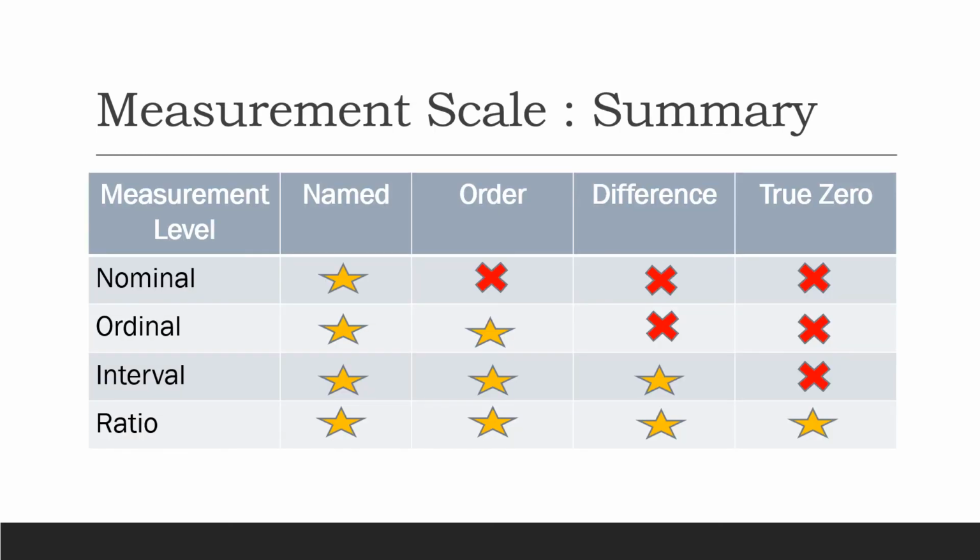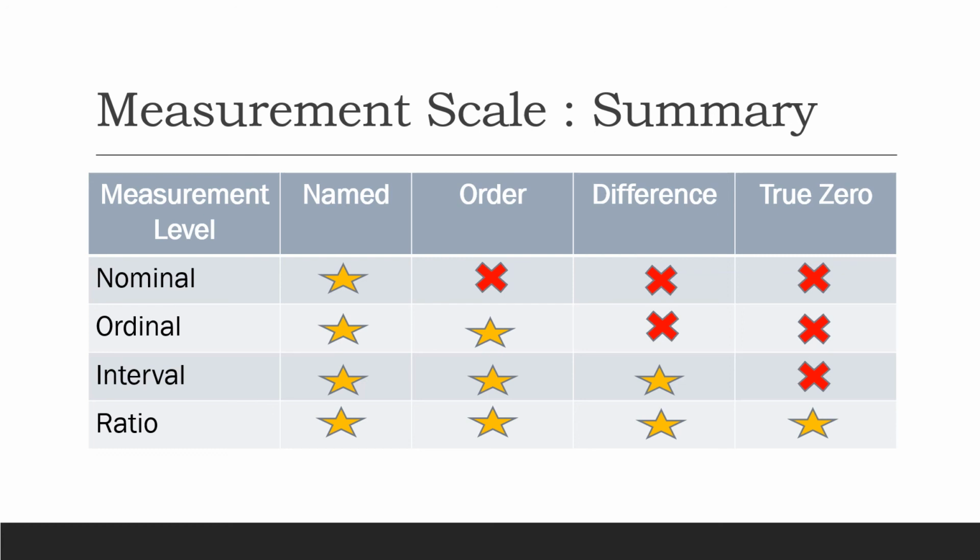Okay. So to summarize the measurement scale, lahat po ay could be named or categorized. For the nominal, there's no order, there's no difference between, and there's no true 0. For ordinal, it has a name or can be categorized. It does have an order, pero no difference and no true 0.